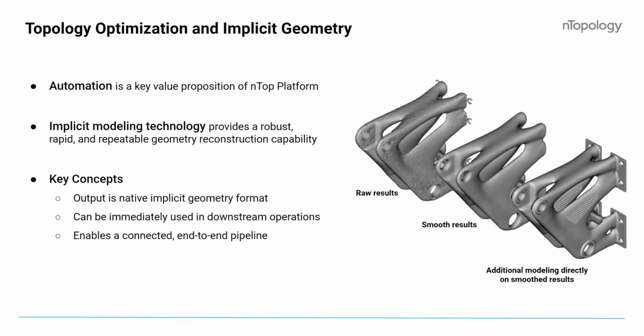This is where we put a lot of our effort up front, and to us it was the big thing we needed to make sure we had a solution for as we rolled this technology out. This is the key step that enables a connected end-to-end pipeline.